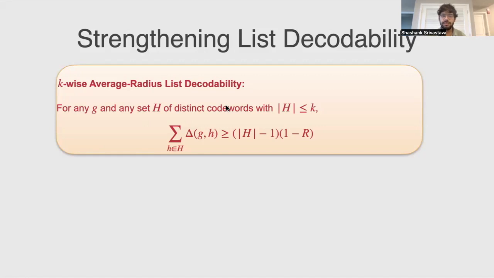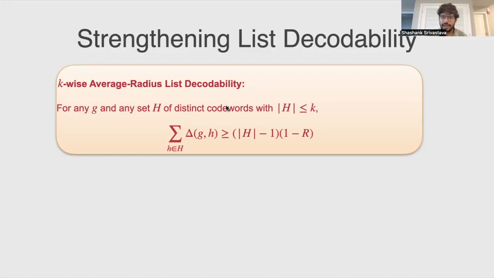It holds that the sum of distances of these code words from this fixed center G is bounded below by some number. So what this property is saying is that from any centroid, a set of code words is going to be far on average.